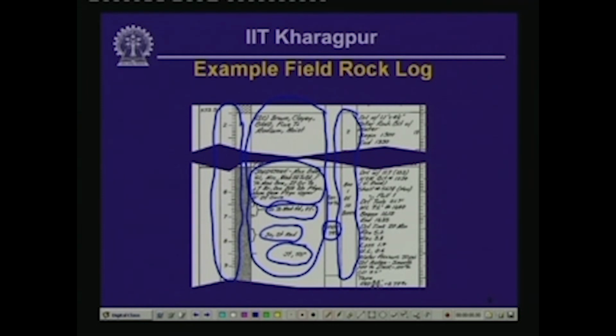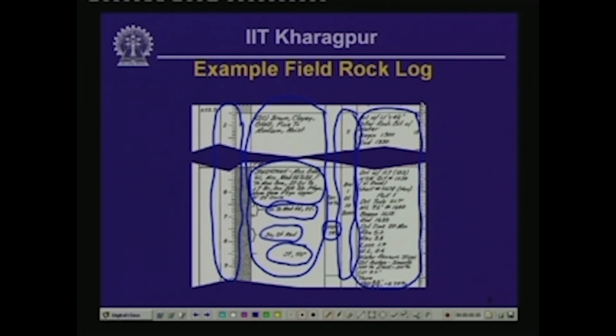They are also indicated on the column next to the column that numbers the box number for retaining the core samples.